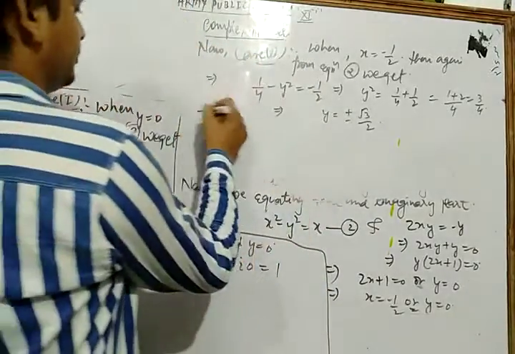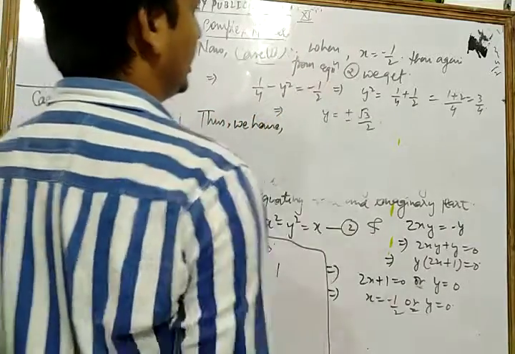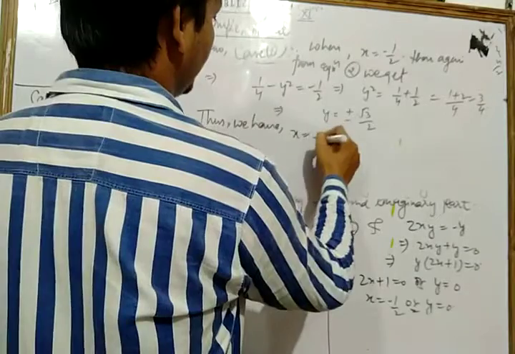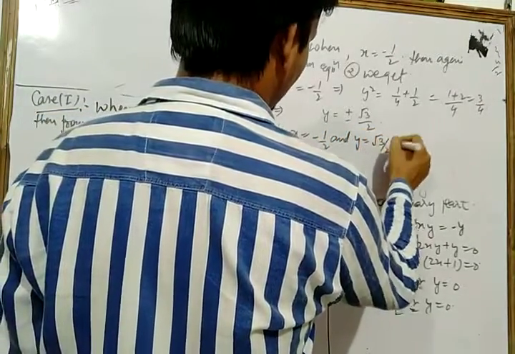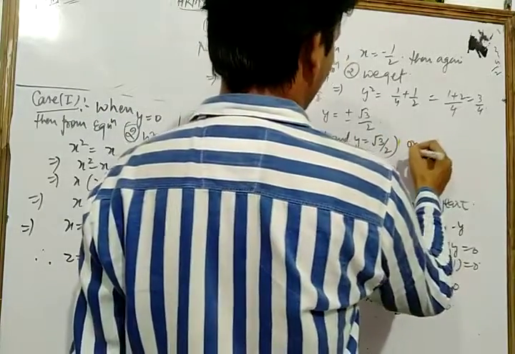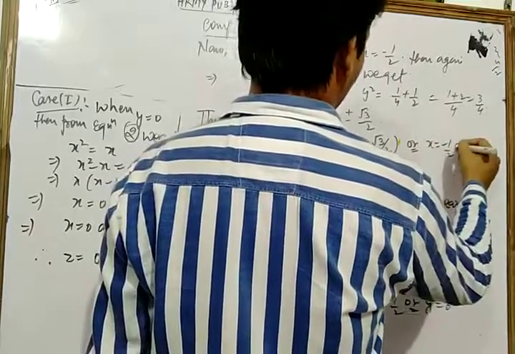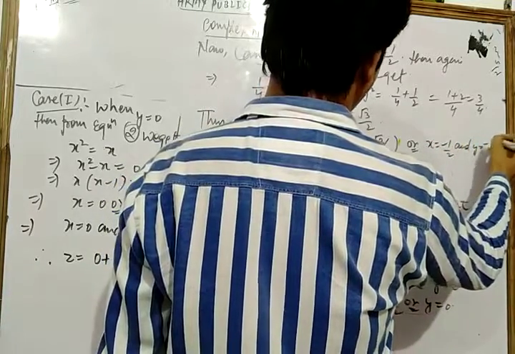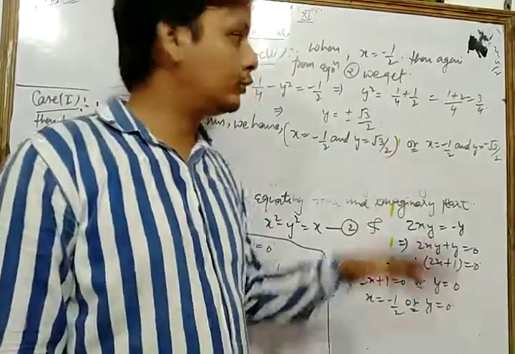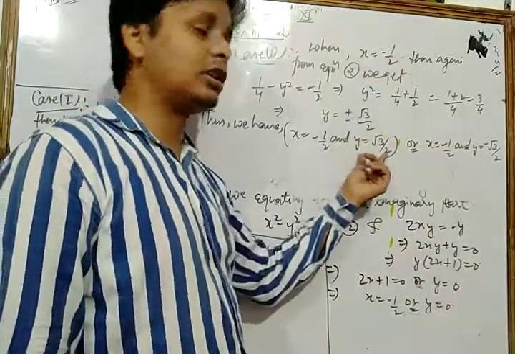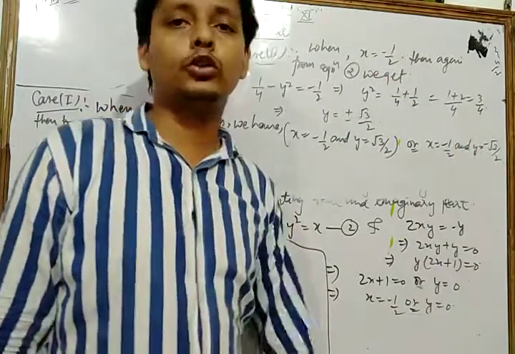Thus we have x is equal to minus 1 by 2 and y is equal to plus root 3 by 2, or x is equal to minus 1 by 2 and y is equal to minus root 3 by 2.